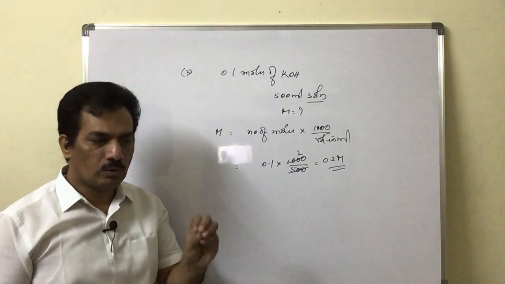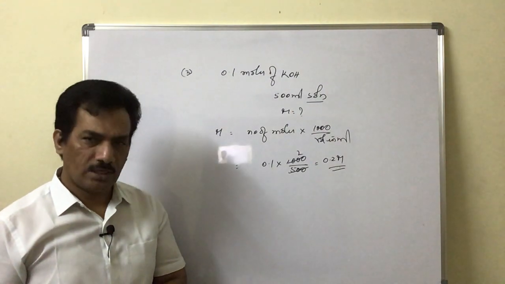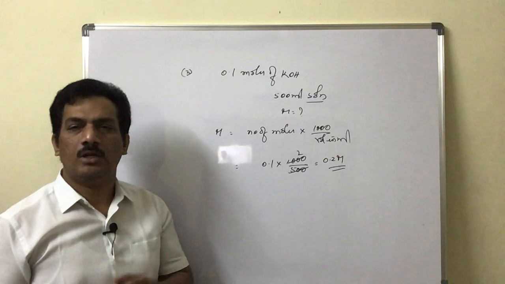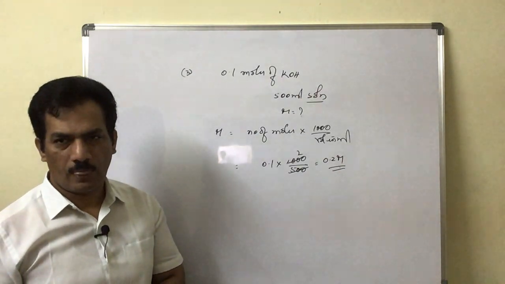That's why I ask you to go through this formula once, twice and thrice until you get it into your mind. Then you can solve the questions quickly, is it not?